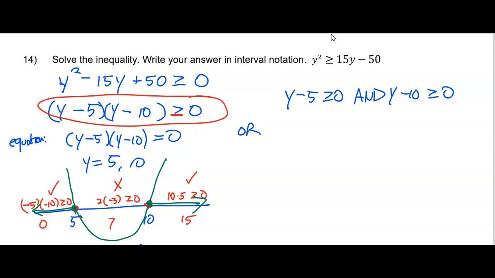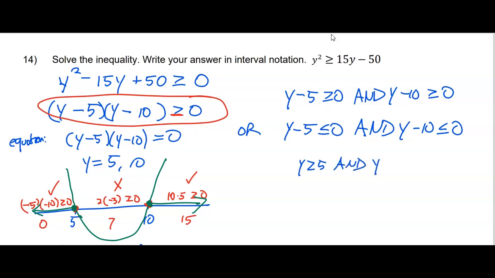Two negative numbers multiply to be greater than or equal to 0 as well. So they both have to be negative and y minus 10 less than or equal to 0. So this is y greater than or equal to 5 and y greater than or equal to 10.